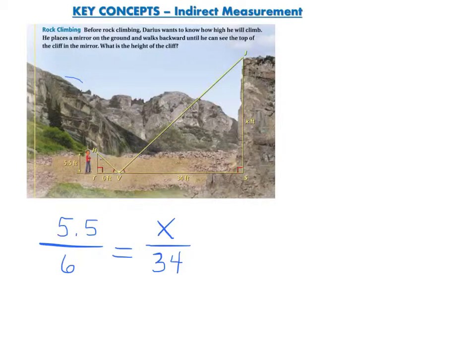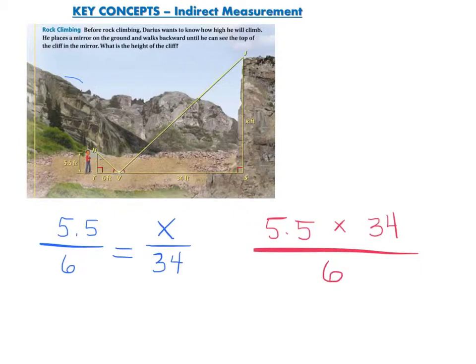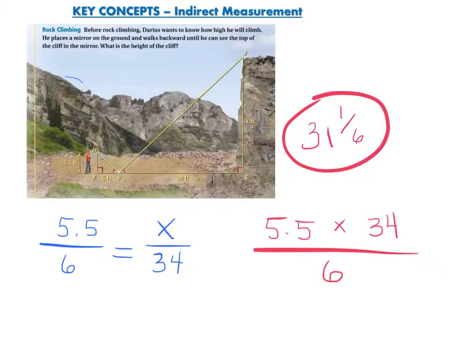Now I'm going to solve this like I did all the rest of them. I would take 5.5 times 34 and then divide that by 6. Now if you actually multiply it and divide that, you get 31 and 1/6. And that's how tall that would actually be.